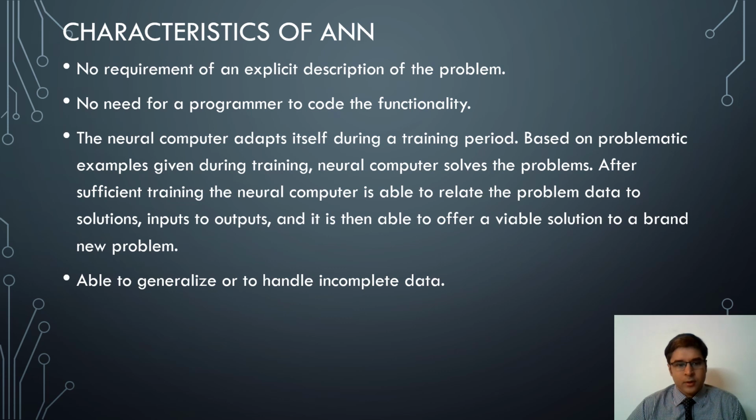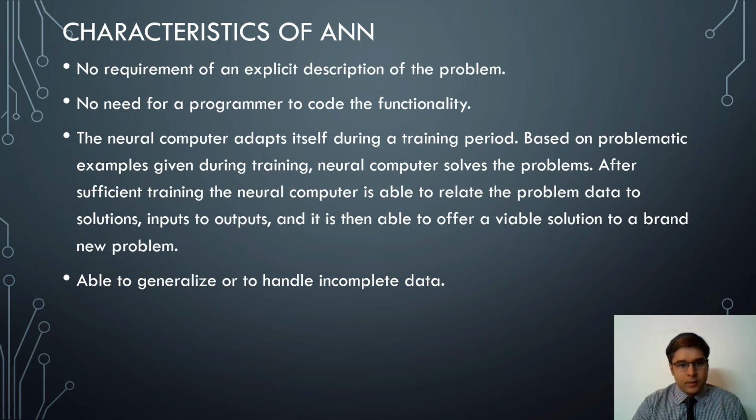In an artificial neural network, we don't require the problem description to be fed into the computer, and there is no need for a programmer to code the functionality. Artificial neural networks learn by themselves whatever the problem is, and they output its solution too. There is no need for a program to code the problem solution or the functionality of the problem.